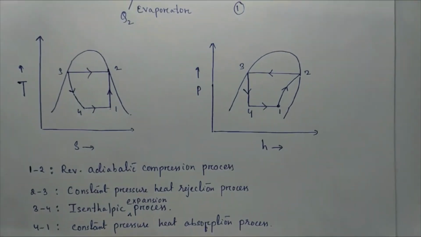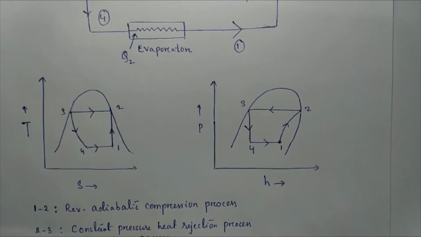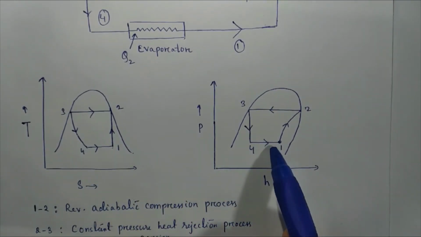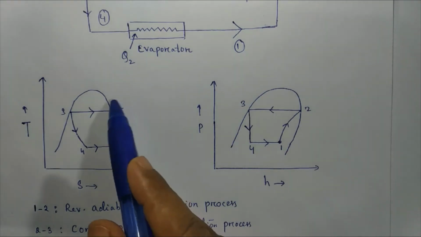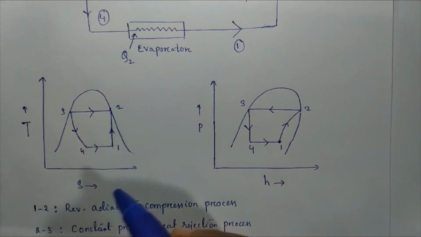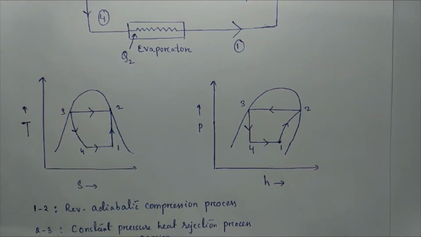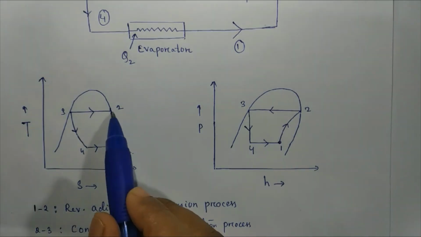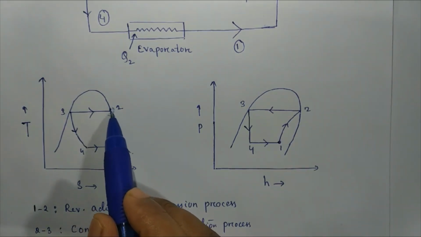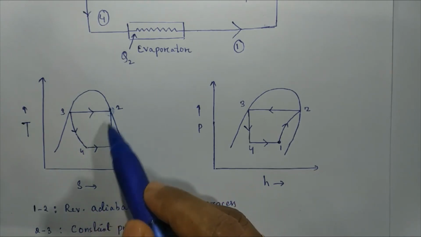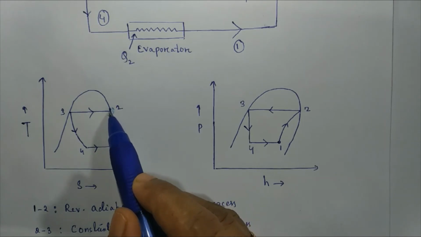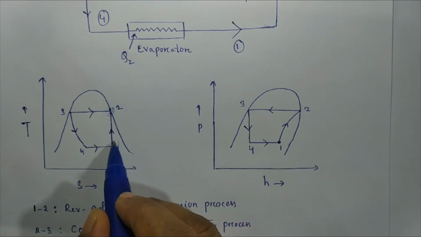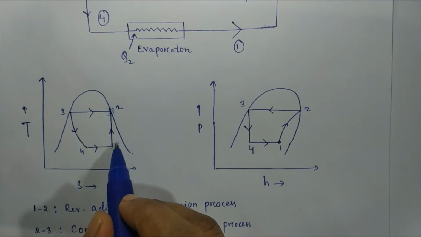See, this is the TS diagram and pH diagram, where we consider the compression process. As the vapor refrigerant is compressed in the compression process, at the end of the compression process we consider it to be in the saturated state, but the initial state of the compressor is wet.